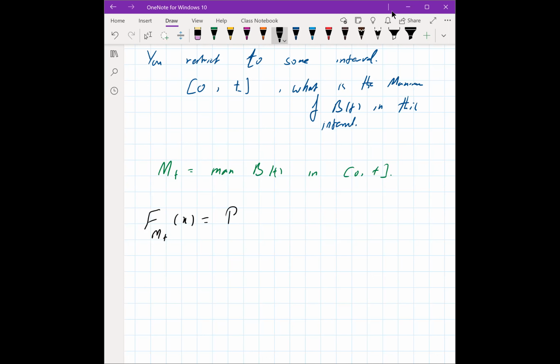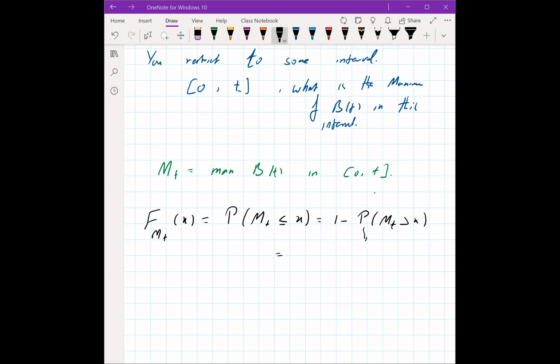So by definition, it's the probability that m of t is less than or equal to x, which is 1 minus the probability that m of t is greater than x. But if you look at this, this is the probability that in time t, you will exceed x.